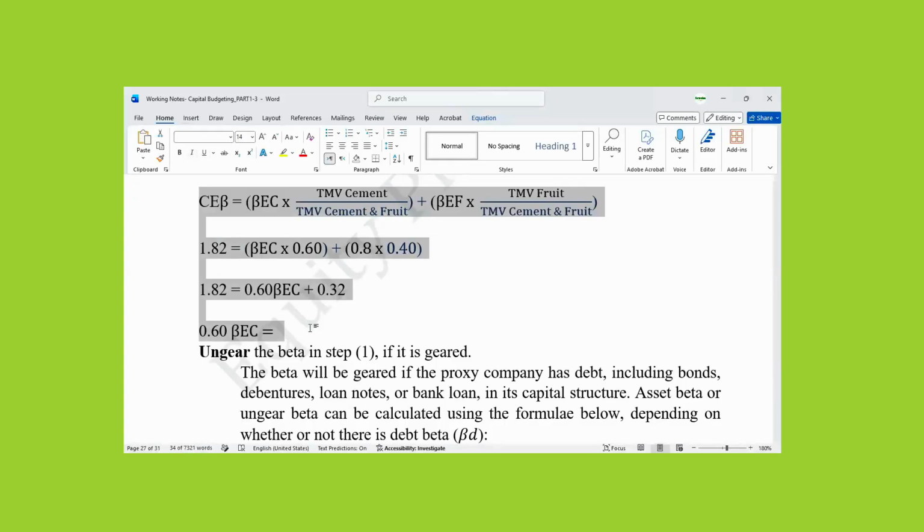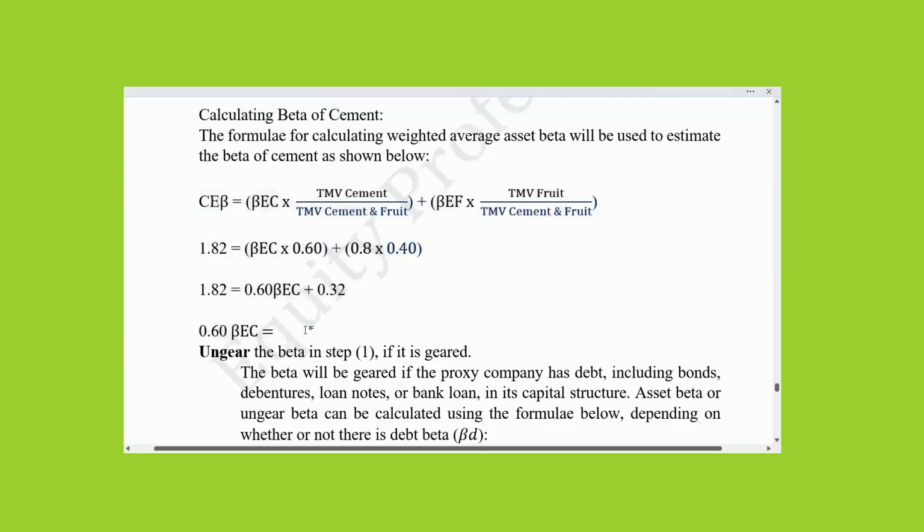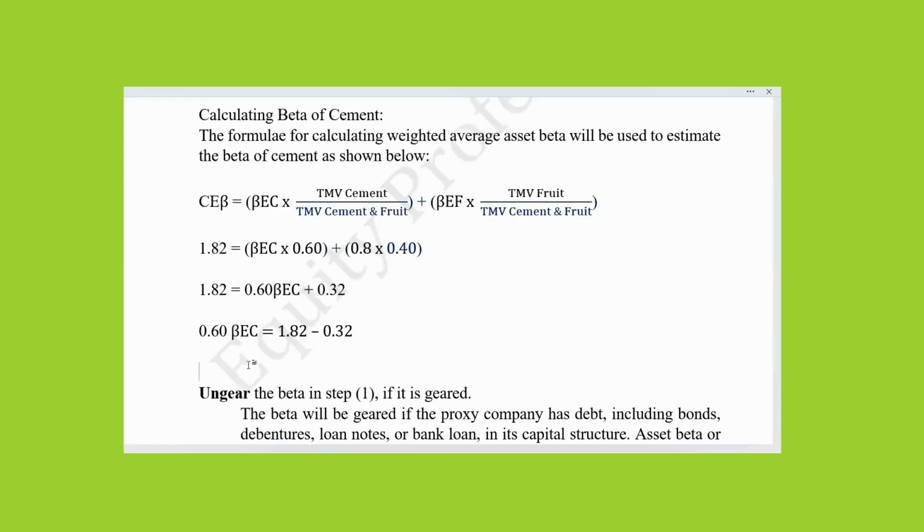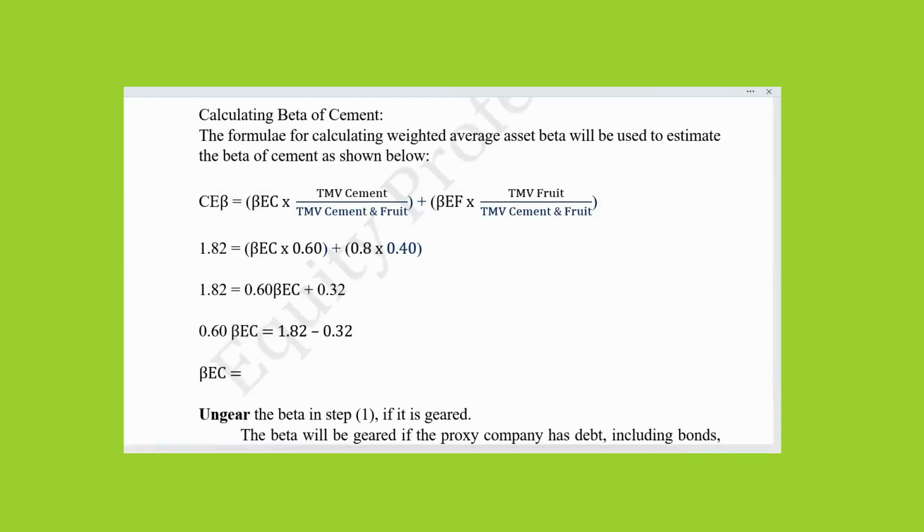All right, so 1.82, we go to the other side. So 1.82 minus 0.32. Therefore, beta equity of cement will then be equal to 1.82 minus 0.32. What do you have there?